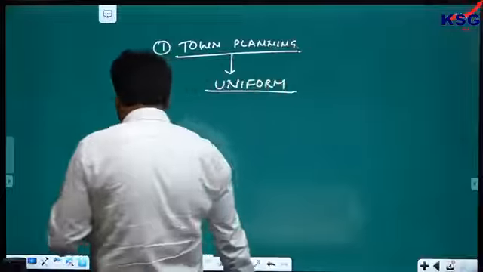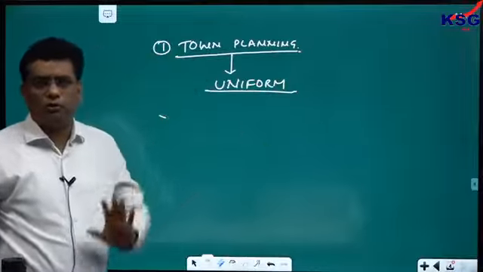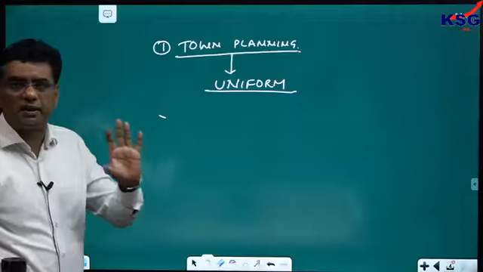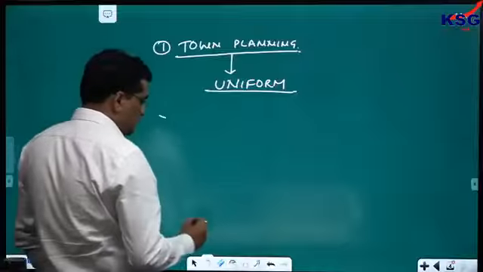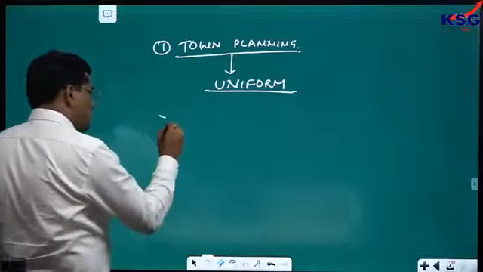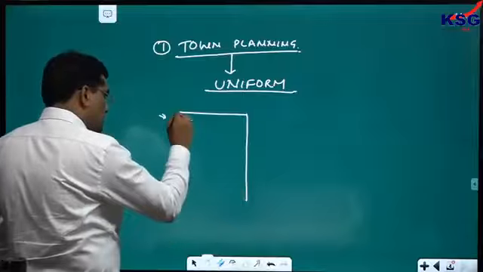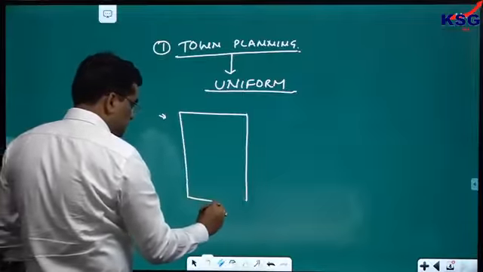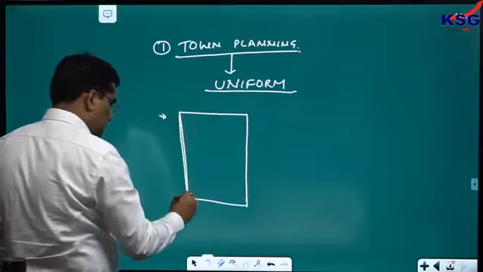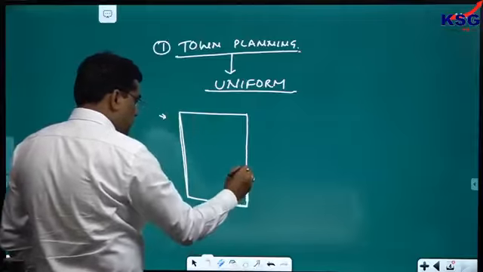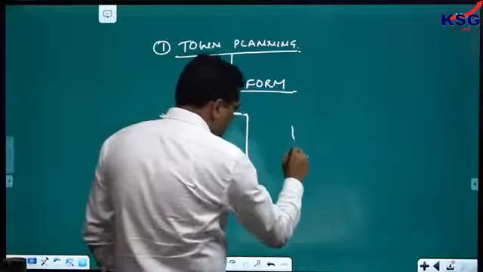Whatever the town planning for one city is, almost the same town planning, not all but almost, is there in other cities as well. So each city of the Harappan civilization has a citadel and a lower town.